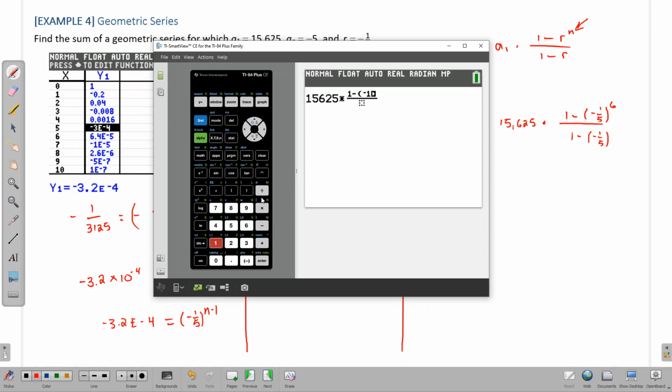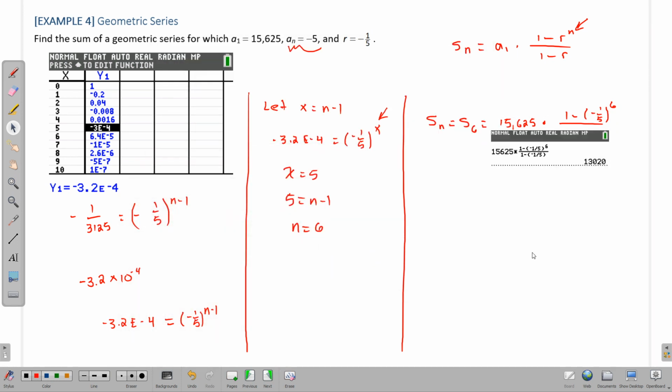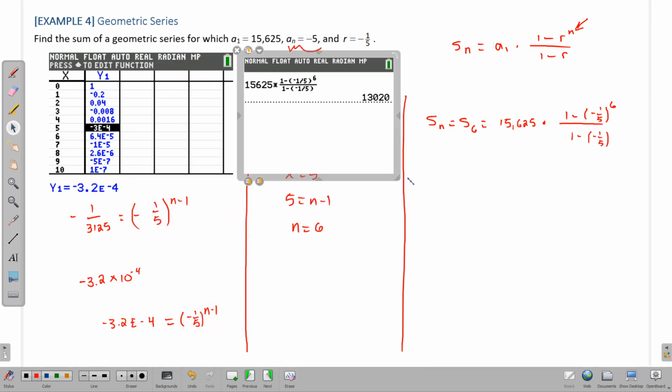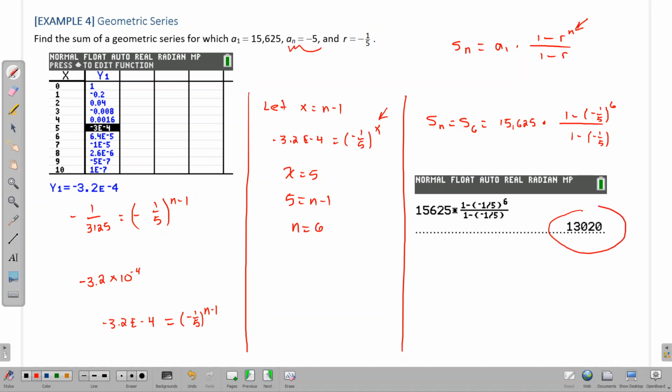So negative 1 divided by 5, just make sure it's in parentheses, raised to the 6th power over 1 minus negative 1 divided by 5. Hit enter on that, and we get our answer. So final answer for the whole thing was 13,020.